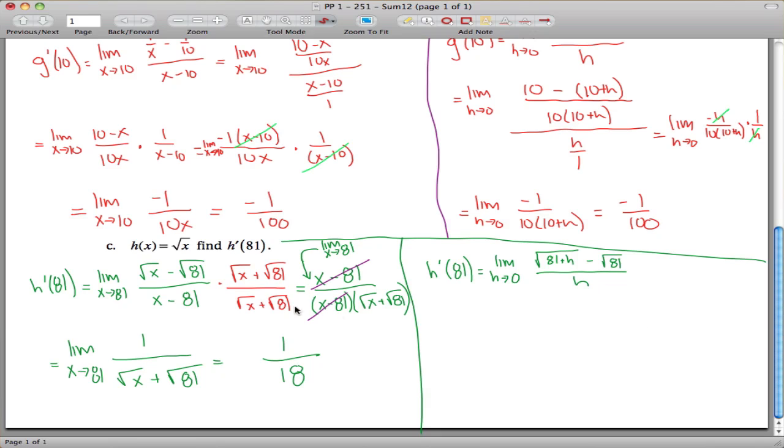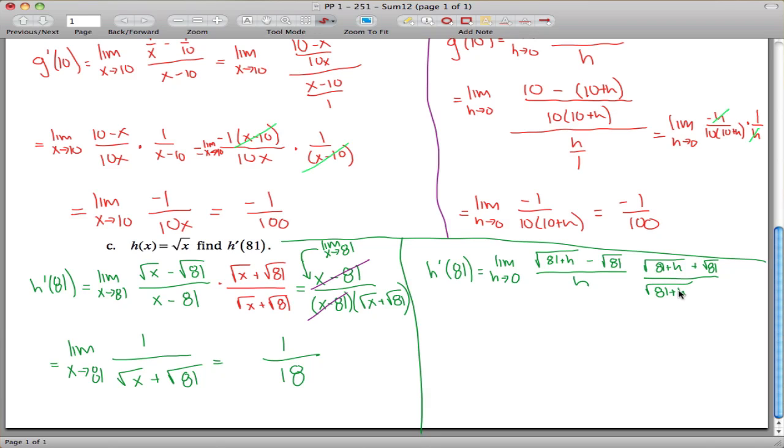The trick that we'll use will be similar to this trick. We're going to multiply by the conjugate of the numerator. So we're going to multiply the top and the bottom by the square root of 81 plus h plus square root of 81.